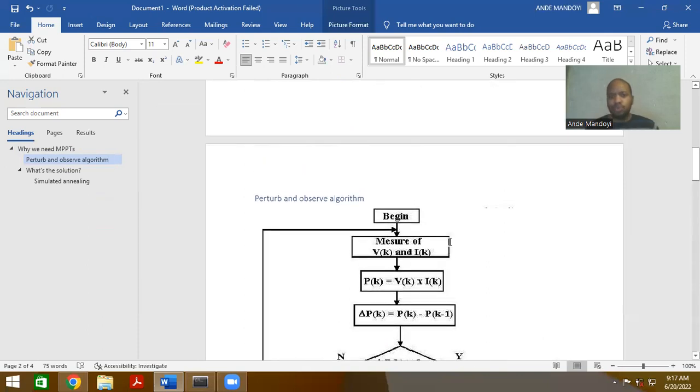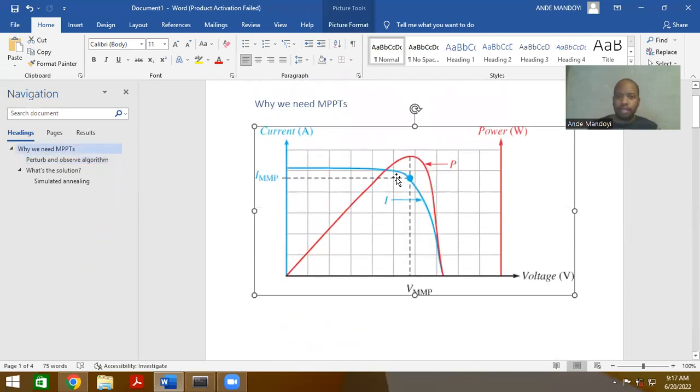Now let's get an intuitive feeling of this by looking at this PV diagram, or IPV diagram, if you will. Let's assume that we start off working at this point over here. And then we increase the voltage, and we see that once we increase the voltage, the power increases slightly.